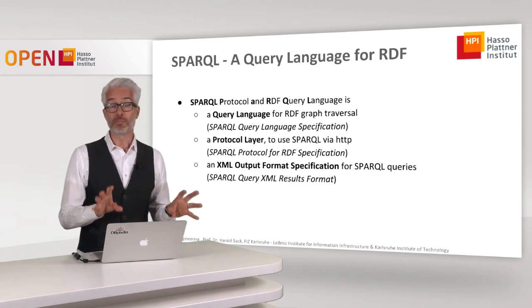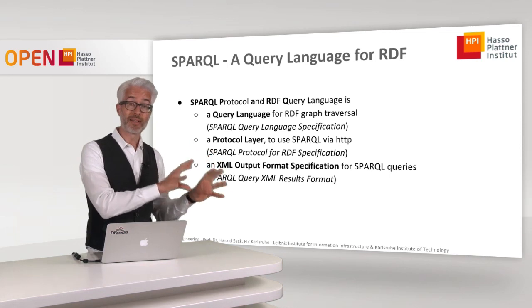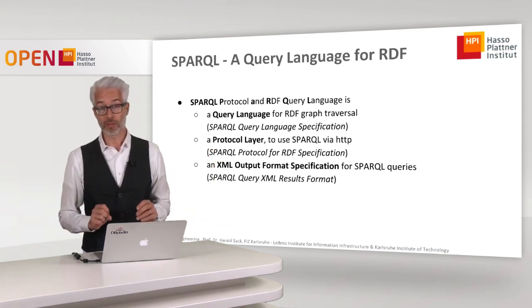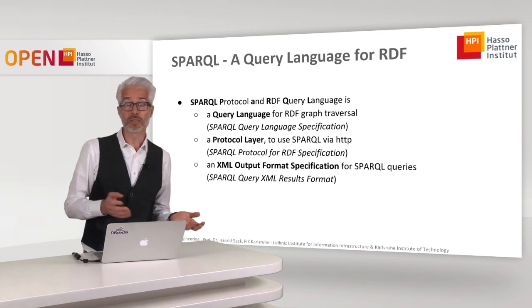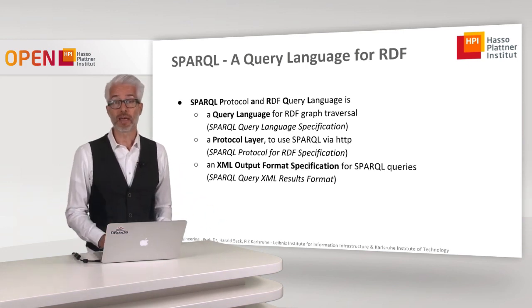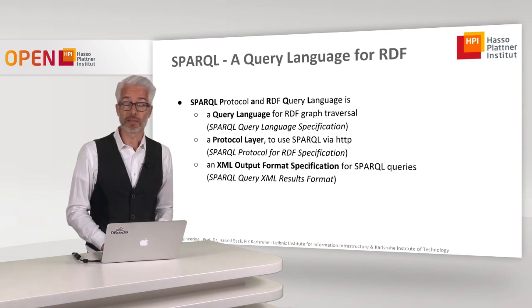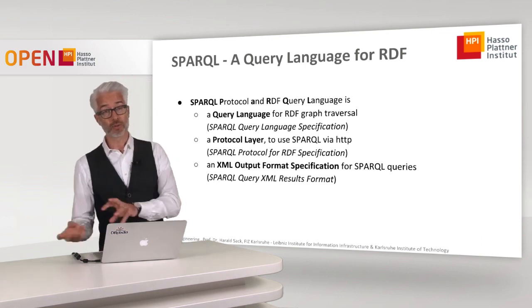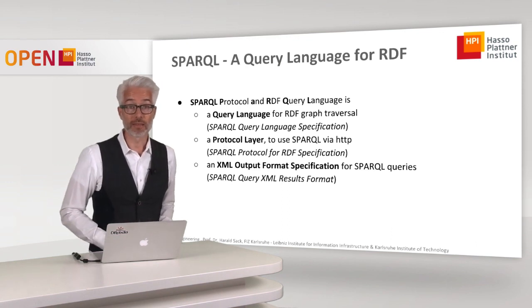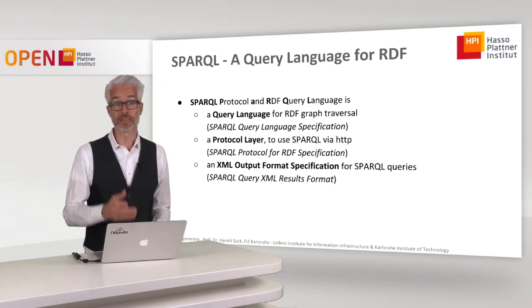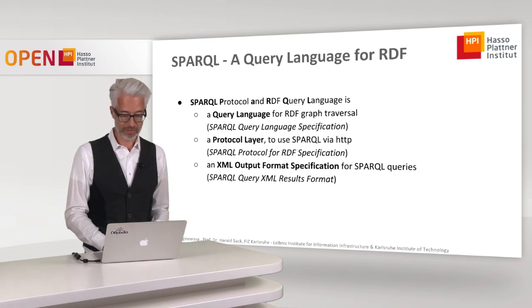Because it's not only possible to access the SPARQL endpoint with this web client; you can also write programs, and the programs can use HTTP communication to query the SPARQL endpoint directly, and then they must know how to read and understand the return format, which usually is given in this XML output format specification.